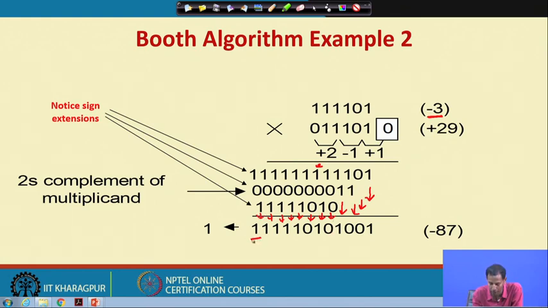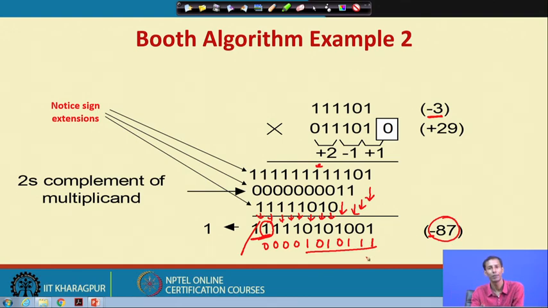If I discard the outer carry, the MSB is 1, which indicates this is a negative number in 2's complement format. Okay. So this is negative, and if I take the 2's complement of this, it becomes 1 0 1 0 1 all 0. So this indicates the sign is negative, and the magnitude is this, which is nothing but 87.